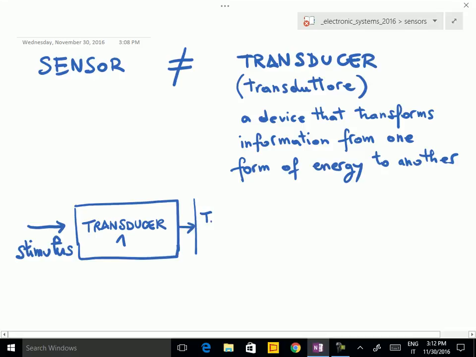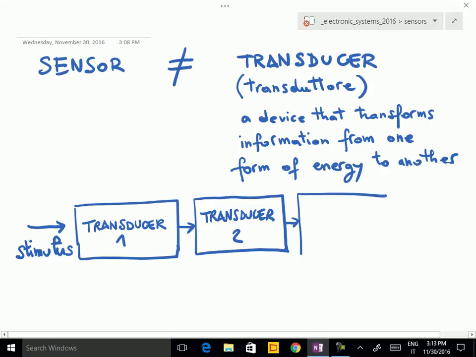Then we can have a second transducer which transforms the information from the second form of energy to a third form of energy. And then we have some, let's say, electronics for signal conditioning.